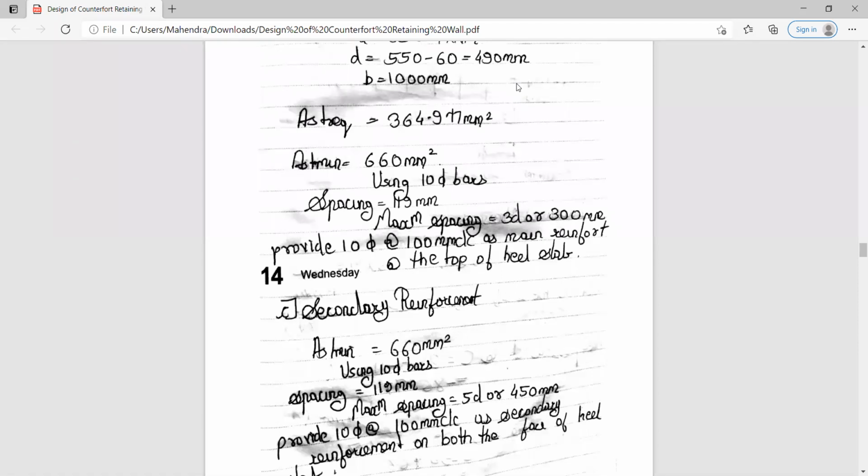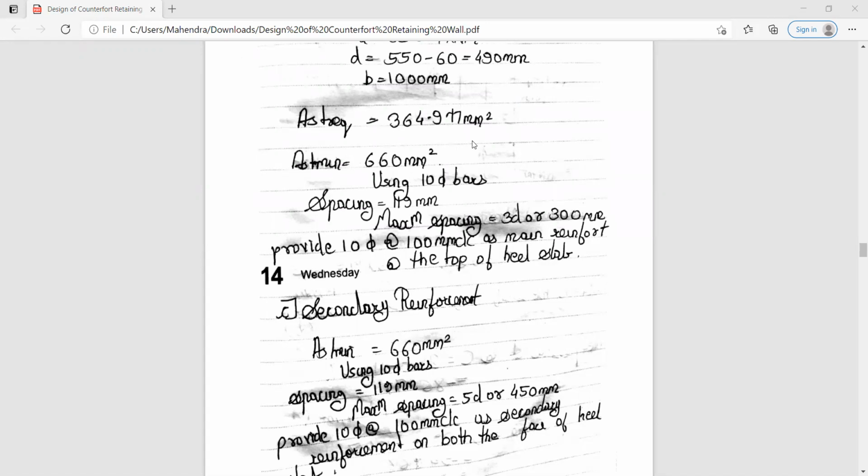Yes, completed. Increase your speed. Just you need to calculate the secondary reinforcement.